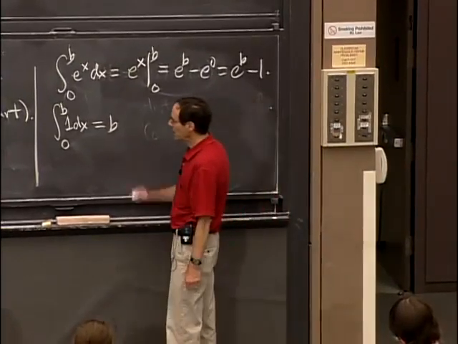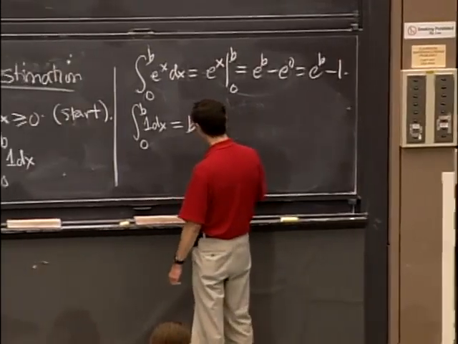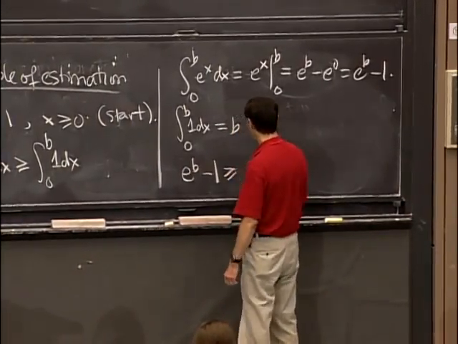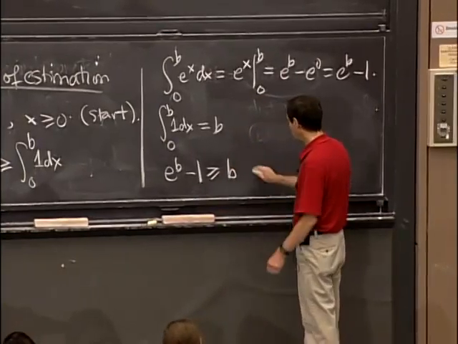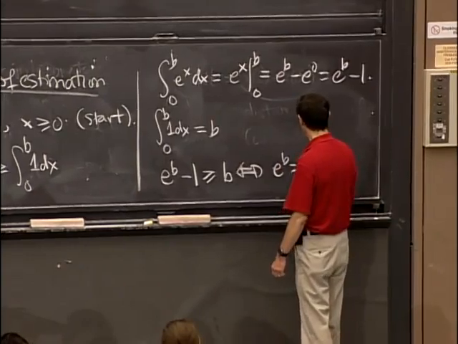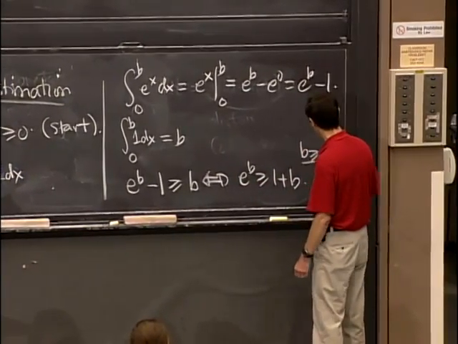That means that our inequality says, if I just combine these two things together, that e to the b minus 1 is greater than or equal to b. And that's the same thing as e to the b is greater than or equal to 1 plus b. Again, this only works for b greater than or equal to 0.